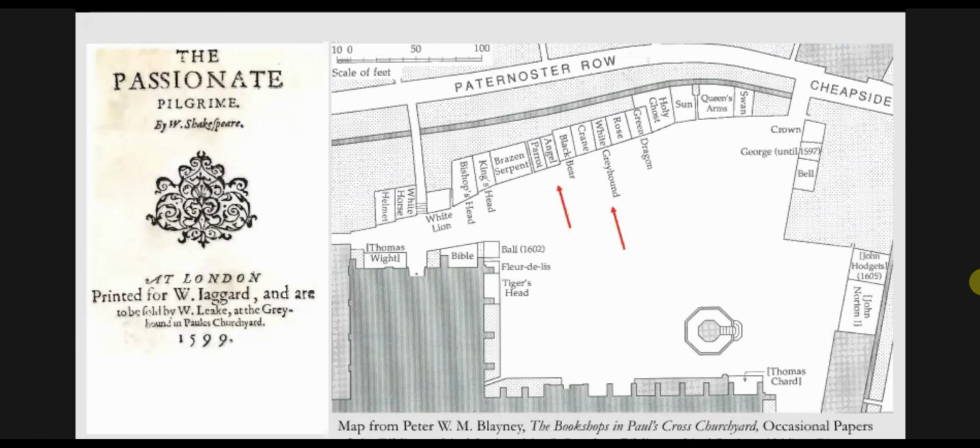Until this time, Shakespeare's name had only featured on the title pages of his printed playbooks. The Passionate Pilgrim became the first non-dramatic text attributed to Shakespeare on its title page, and this sequence of events suggests another textual exchange taking place between the book-selling publishers in Paul's Cross that can be followed through the imprints.